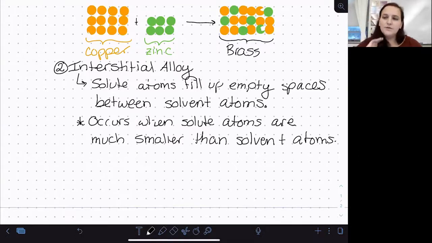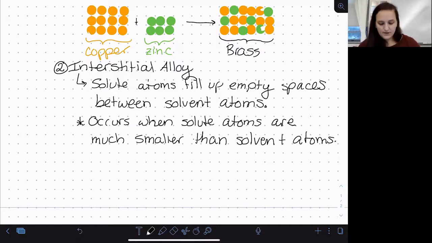So usually for interstitial alloys, this is often when you will see nonmetals as the solute, things in the upper right corner of the periodic table are going to be where you find really, really small atoms. So those tend to be good solutes for this type of alloy.